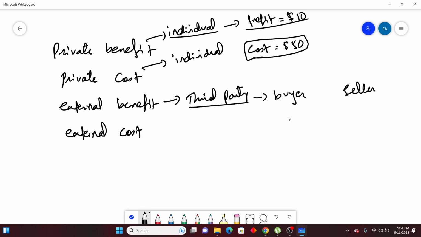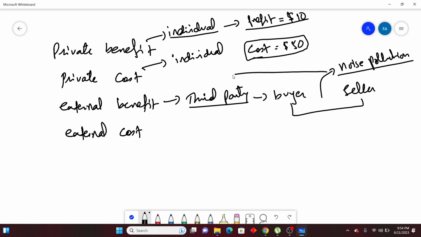So these two people are connected, but there is a third person maybe who is affected by the transaction. Maybe you have bought a car and you are increasing the noise pollution. So there would be someone else who would be affected by this activity. That's why we call that third person who is not involved in the transaction a third party or external benefit.